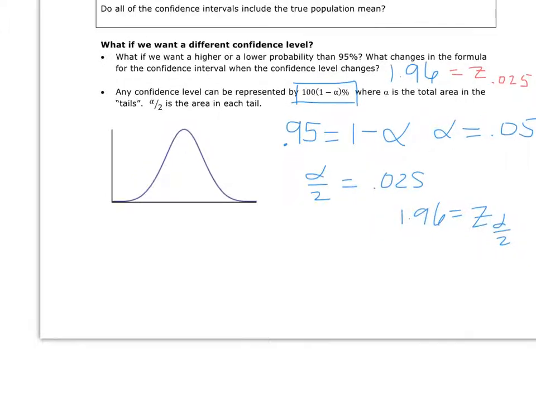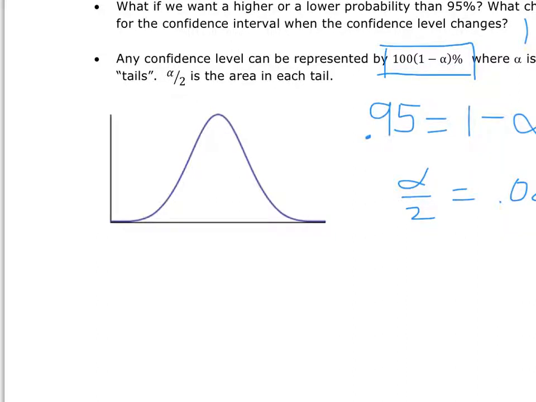Okay, so in general, let's say we want a 100 times 1 minus alpha percent confidence interval. So that means that we're going to want to find the Z values that have area to the left and the right of those values of alpha over 2. Alpha over 2 is that area.